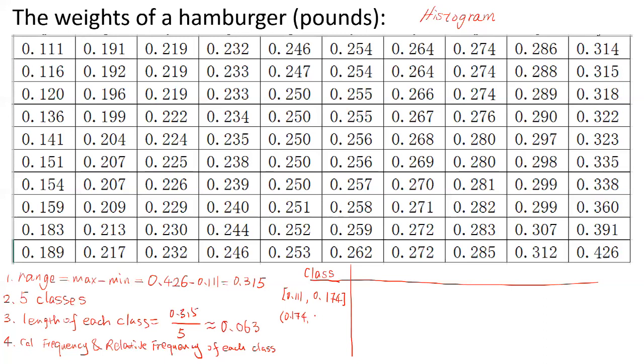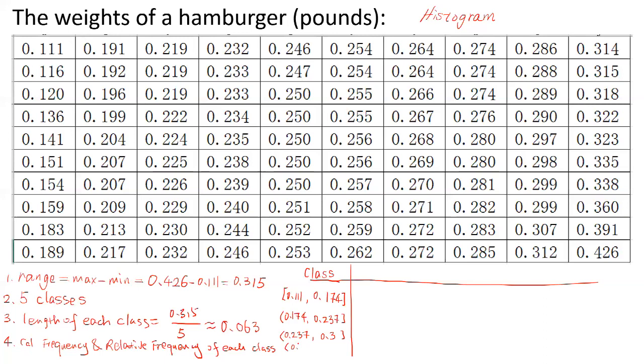Second class, 0.174 to 0.237. Third class would be 0.237 to 0.3.